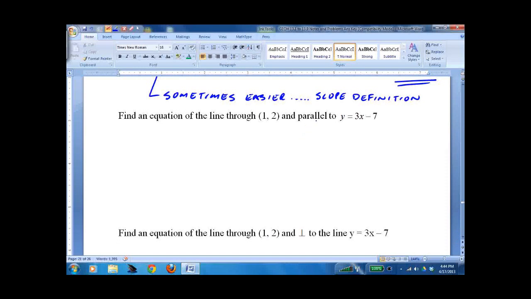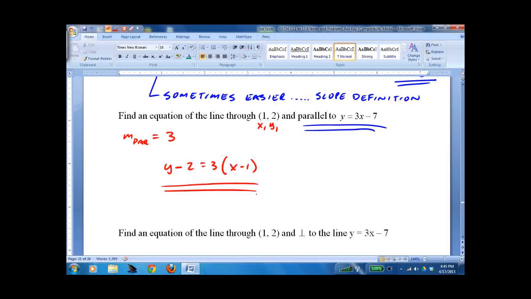So here's how it works. Let's find an equation of a line that's parallel to this one. I strongly suggest you pause the recording and do this yourself. I'll do it now. Since it's parallel, parallel slope is 3. And then we call this x1 and y1. We go y minus 2 equals 3 times x minus 1.